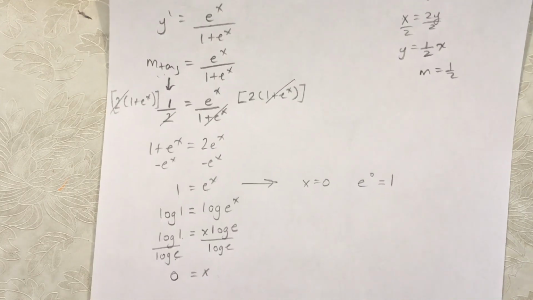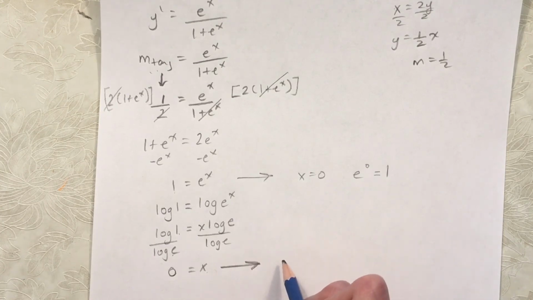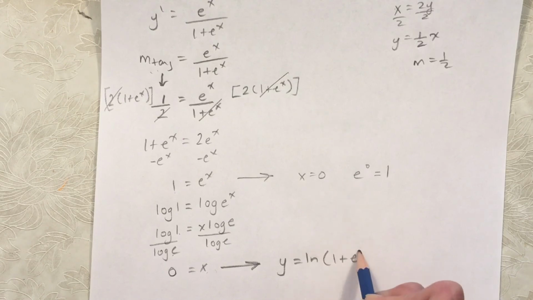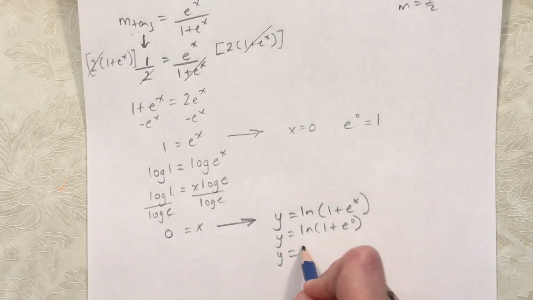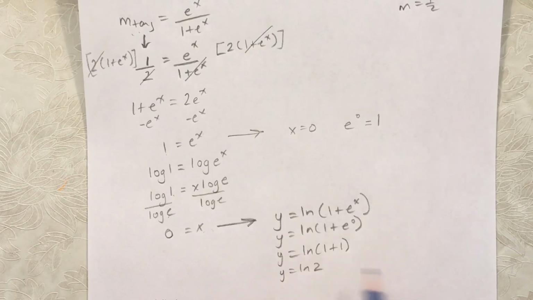Okay, so there's only one x value, so that means there's only one point where the slope of the tangent to that curve is a half, but we want to find its corresponding y value, so we go back to the original function, which was y equals ln of 1 plus e to the x. But x is 0, so the ln of 1 plus e to the 0, which is the ln of 1 plus 1, which is the ln of 2.